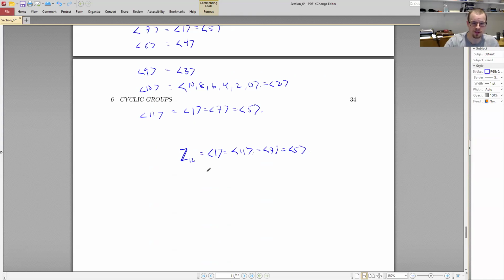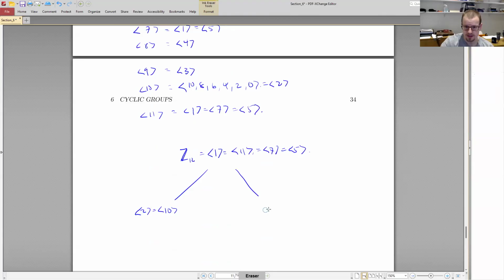So what's generated by 2 is the same thing as what's generated by 10, because the greatest common divisor is 2 for both of those. Here we also have when the greatest common divisor is exactly 3. So that is also the case for 9.